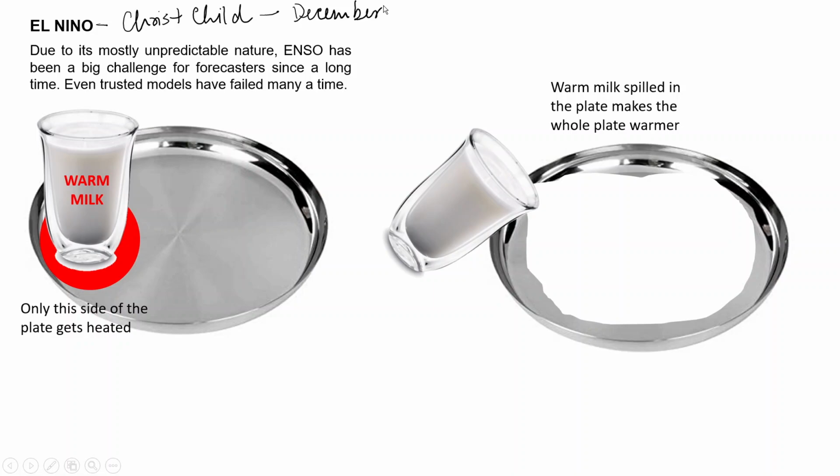I'm not going to get into much detail of El Nino, but yes, I will explain to you the phenomenon. Let us imagine that we have a glass of warm milk which is kept in a steel plate. If we put that warm glass on the steel plate, only that side of the steel plate will get warmer where that glass is kept.